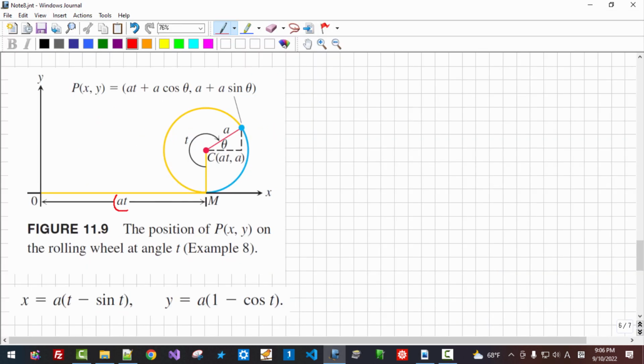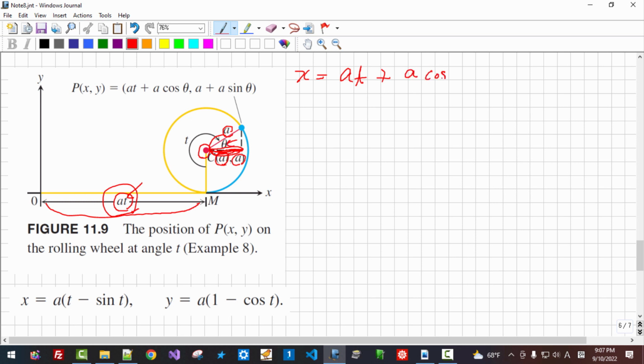Here, t represents time. So we add at. X equals at plus, this point is at A. So we have to add this distance, a cosine theta.